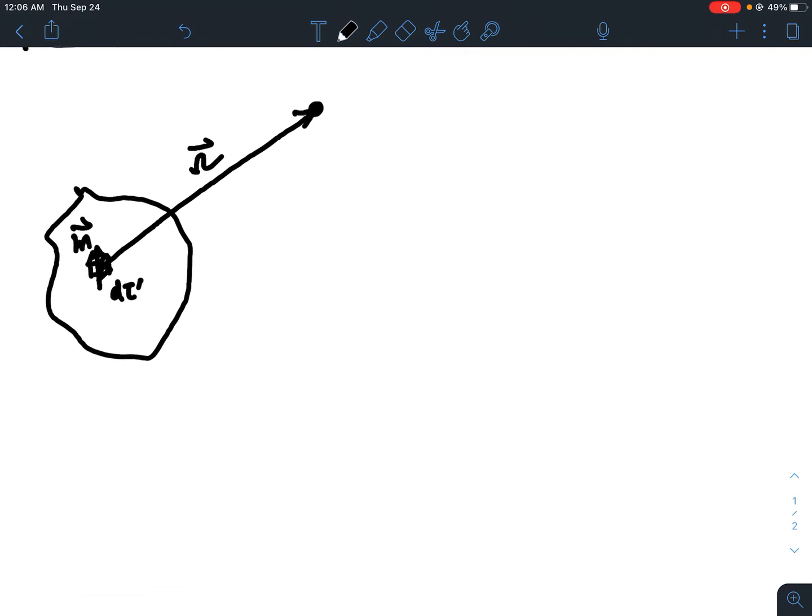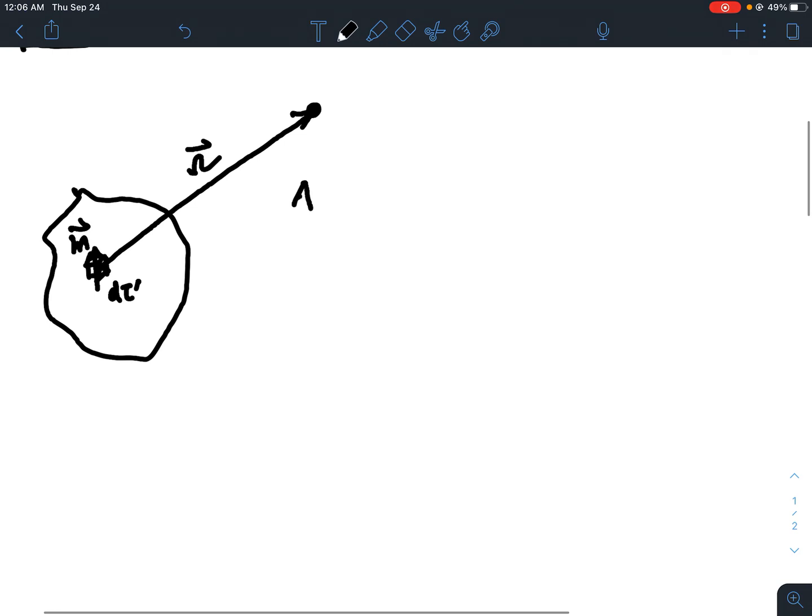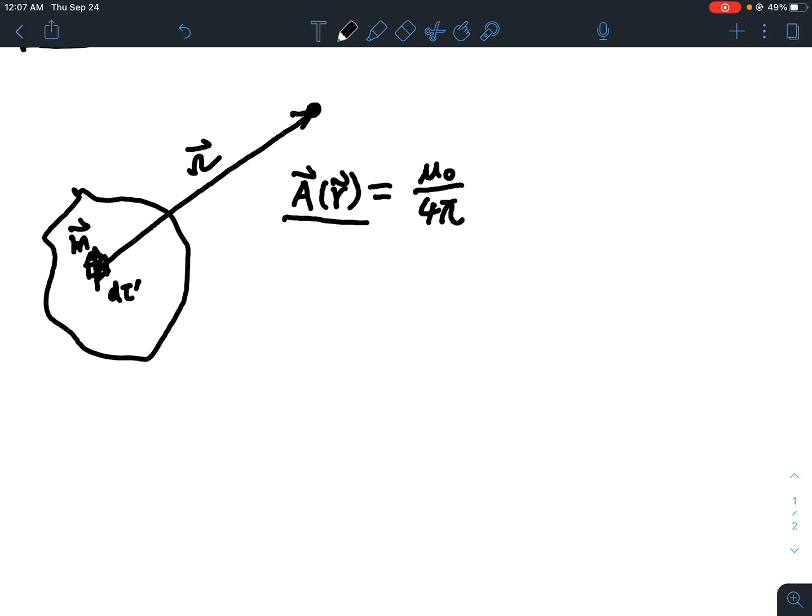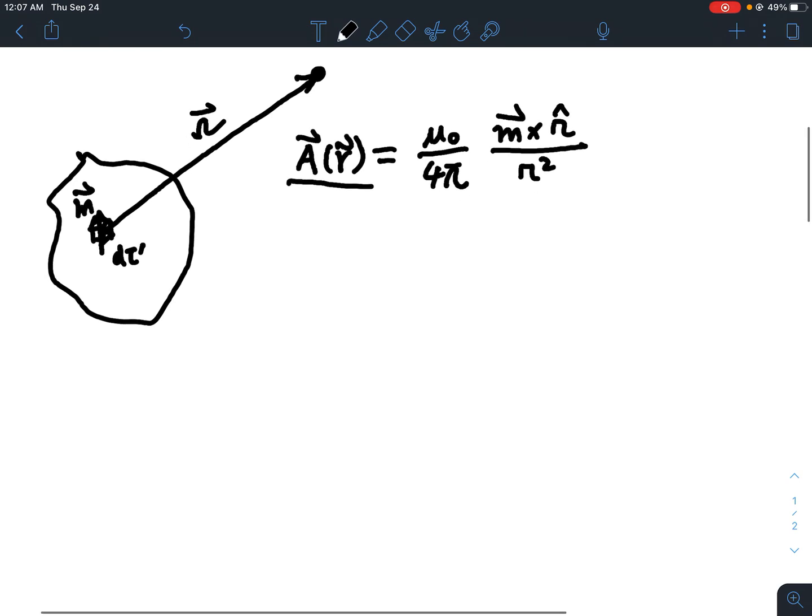For this we have the formula described before for the magnetic dipole: A equals mu zero over 4 pi, times the dipole moment crossed with the direction vector, divided by the separation distance squared.